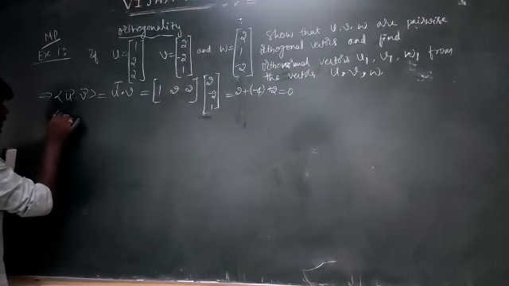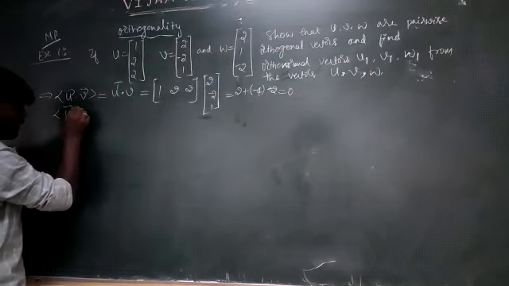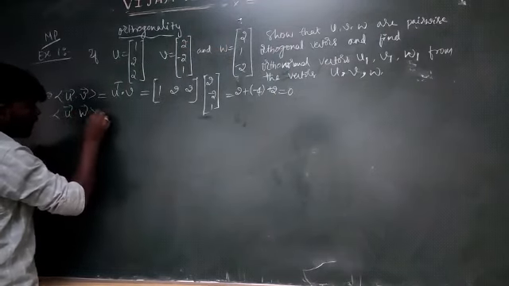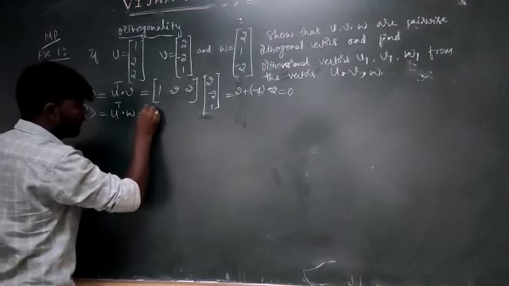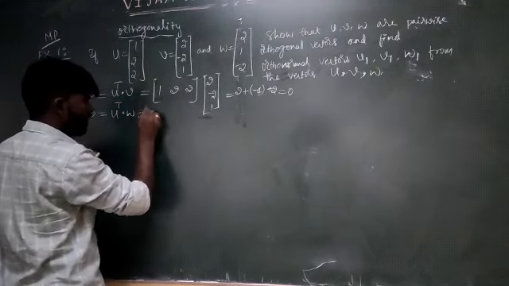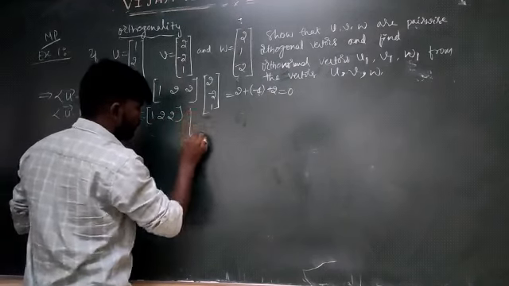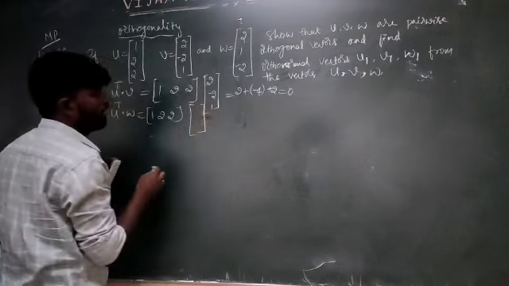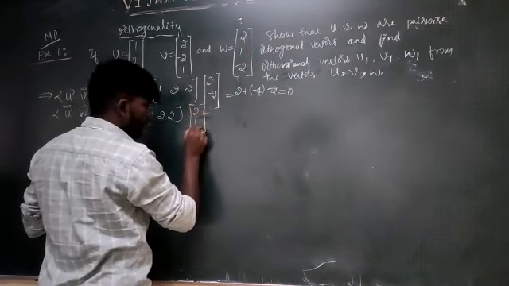Then we take vectors u and w. u transpose dot w equals 1, 2, 2 times the given vector 2, 1, -2.